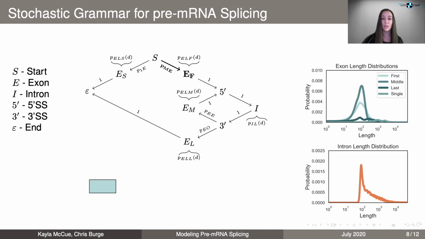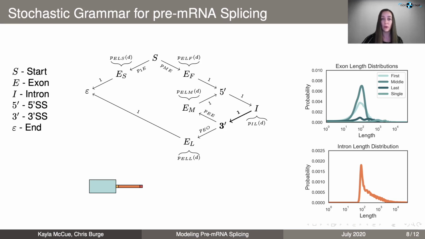Following that, we take the only outward arrow to this 5' splice site state, which has a single emission before continuing on to the intronic state. We sample from the intronic length distribution and then emit however many intronic bases the sampled value dictates. Again, we only have a single outward option, which takes us to the 3' splice site state. This state also only has a single emission, and then we are faced with another choice.